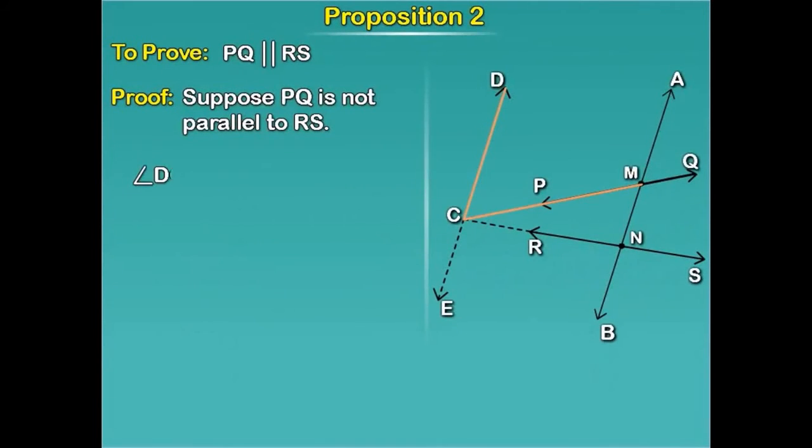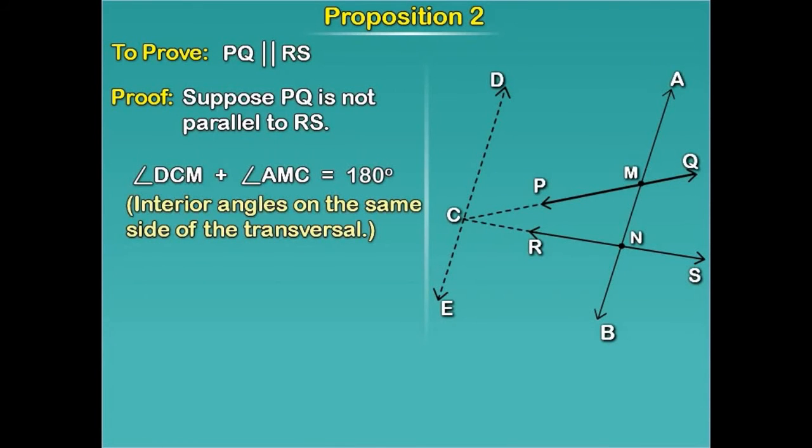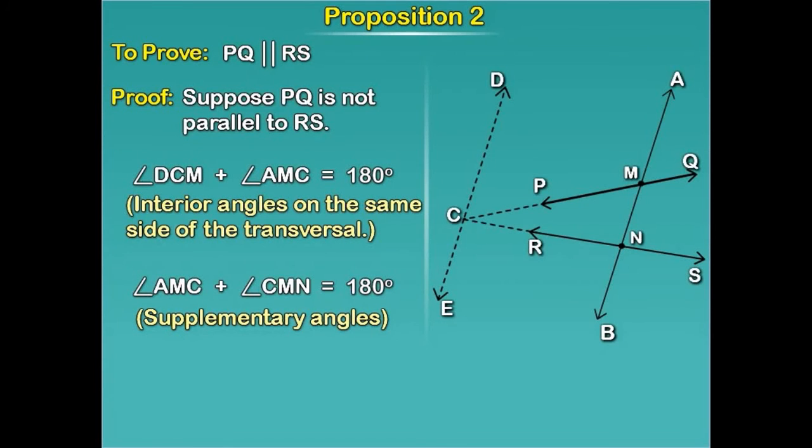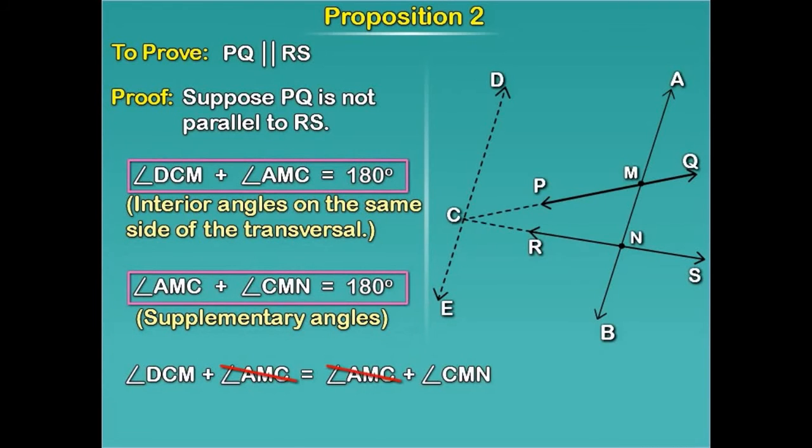Now, angle DCM plus angle AMC is equal to 180 degrees as they are interior angles on the same side of the transversal. Also, angle AMC plus angle CMN is equal to 180 degrees as they are supplementary angles. From these two equations, you get angle DCM is equal to angle CMN.